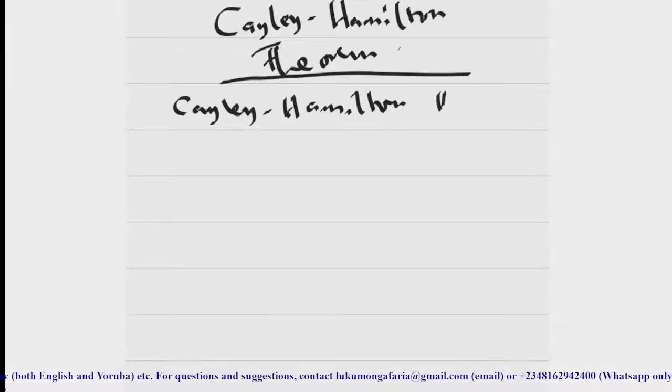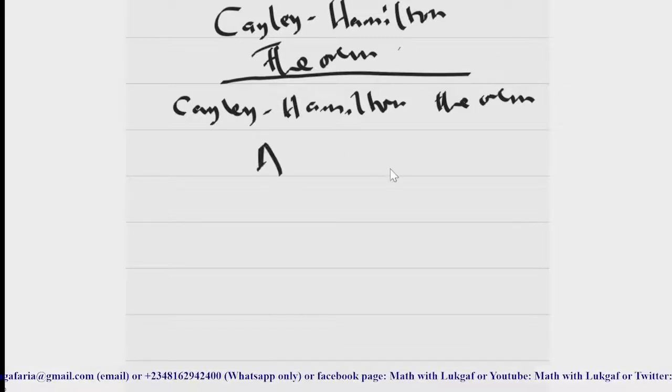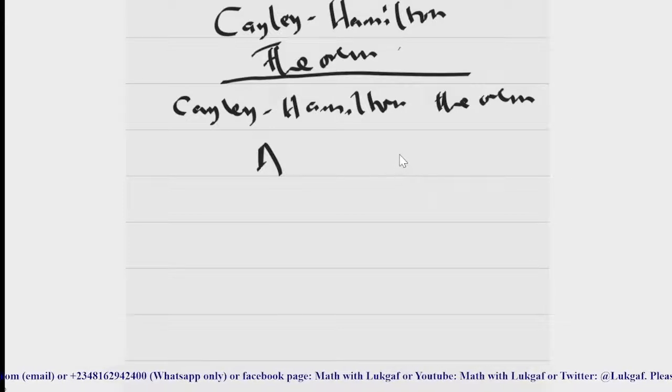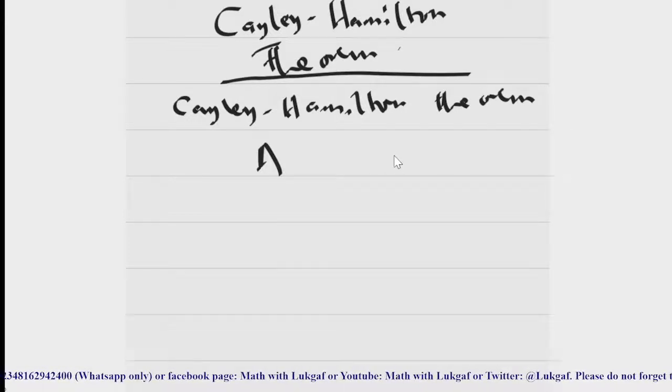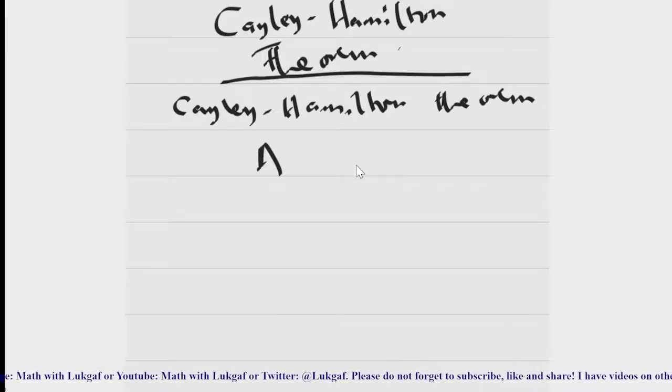The Cayley-Hamilton theorem states that every square matrix, let's say A, satisfies its characteristic equation. So from here, I'm going to explain what a characteristic equation is.